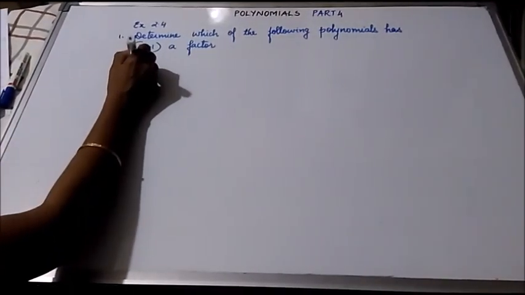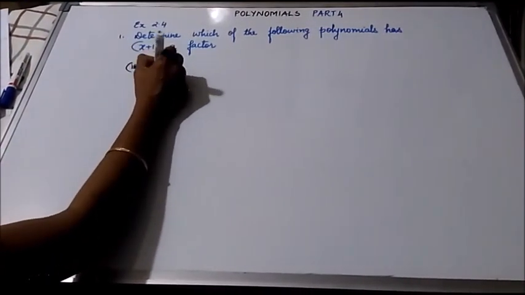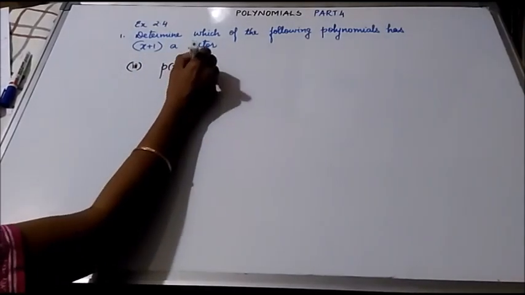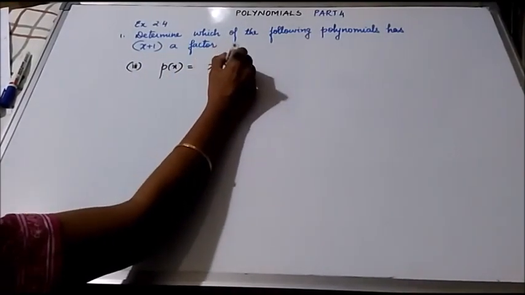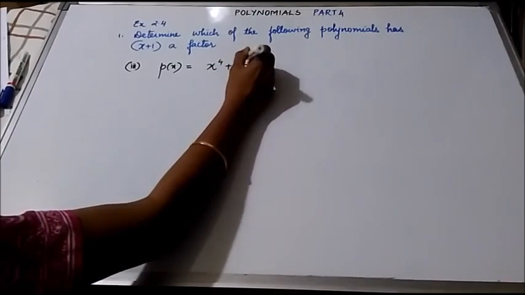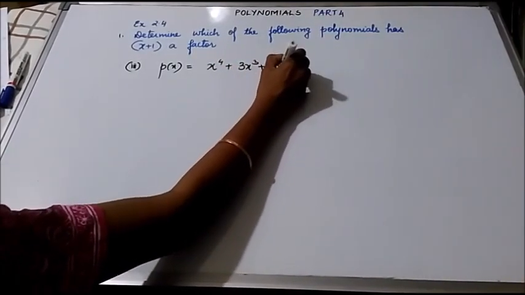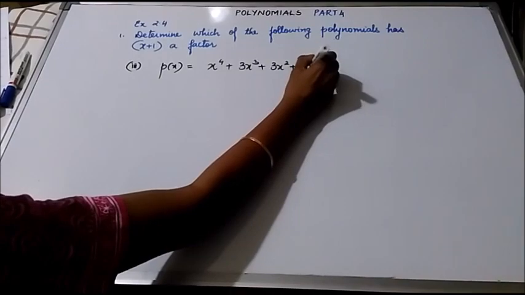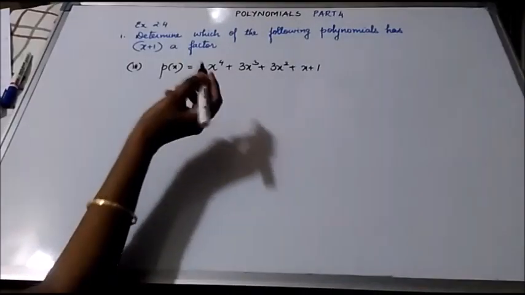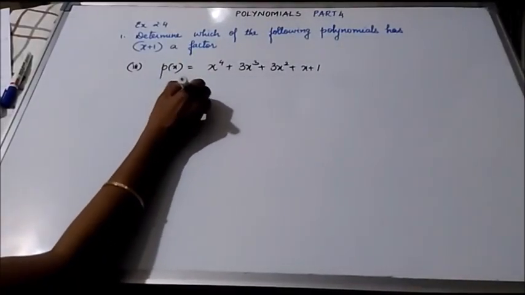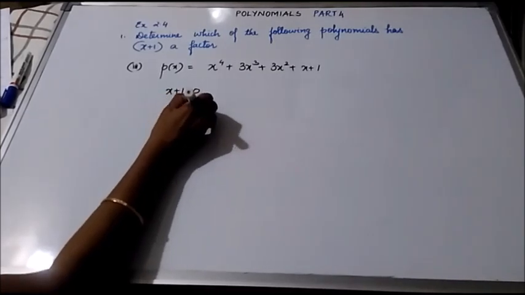Now in the third one, the polynomial is given as x raised to 4 plus 3x cubed plus 3x squared plus x plus 1. We go about with the same method, that is x plus 1 equal to 0, x equal to minus 1.